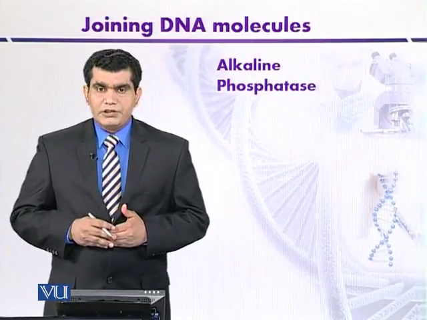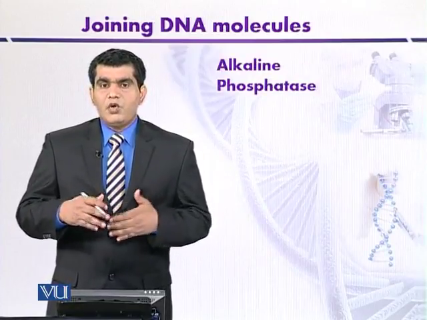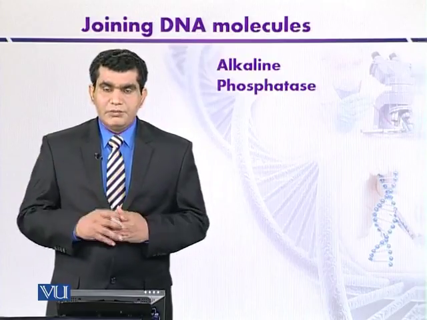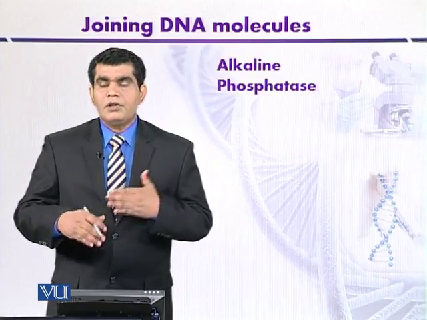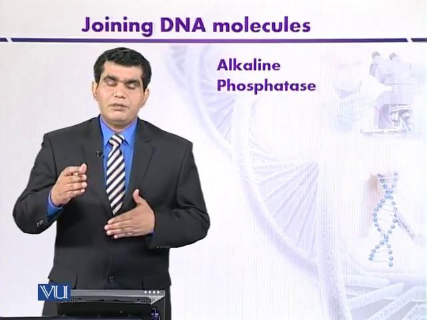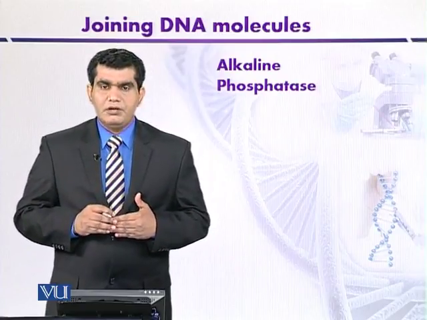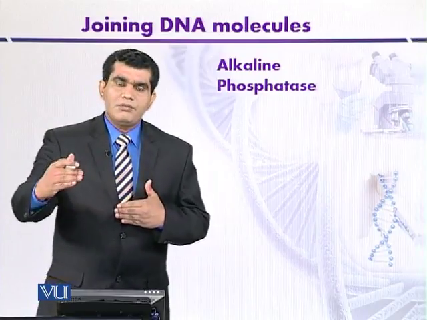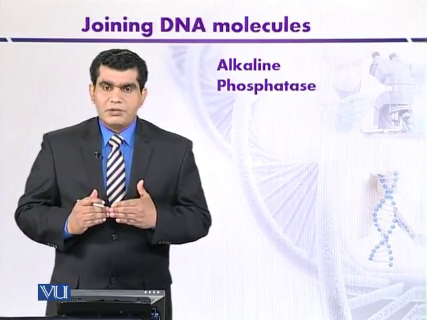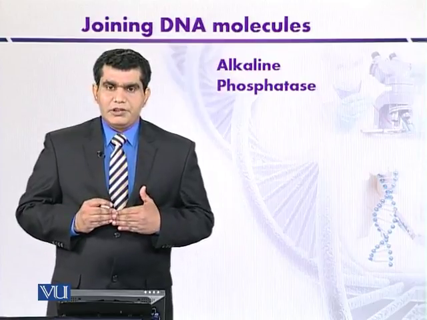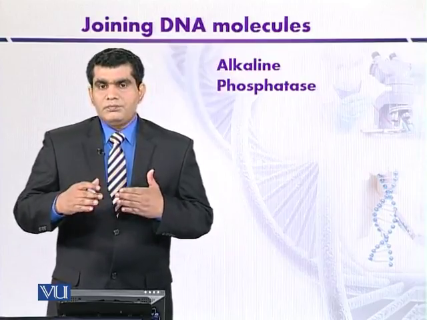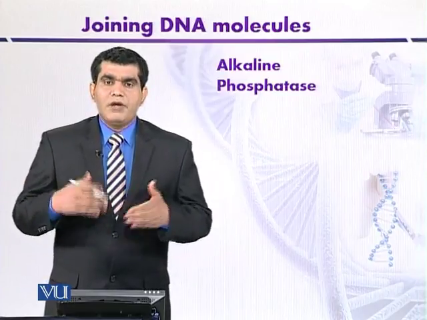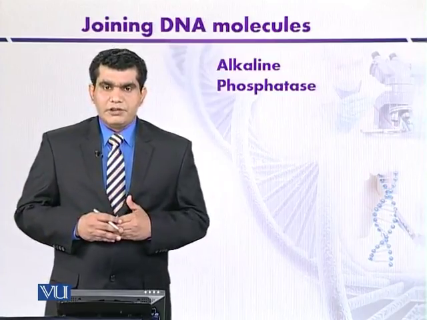Alkaline phosphatase can be obtained from different sources. Like in case of gram-negative bacteria, it is mostly present within the periplasmic space. This space is present between the outer membrane and the cytoplasmic membrane of gram-negative bacteria. So microbes can produce alkaline phosphatases.